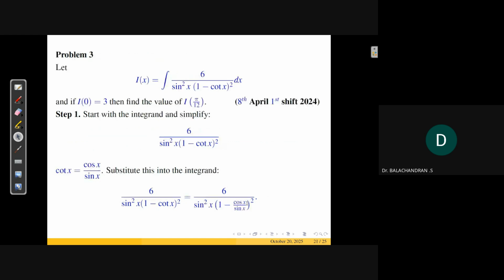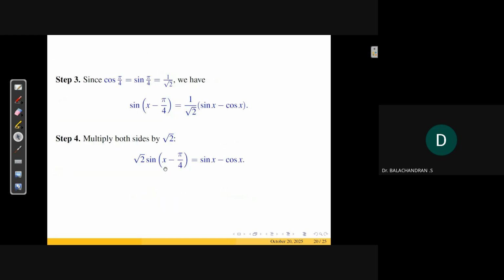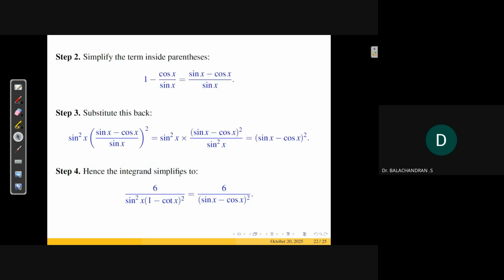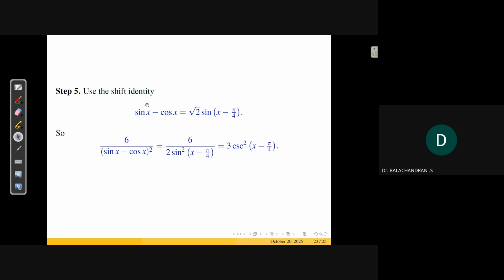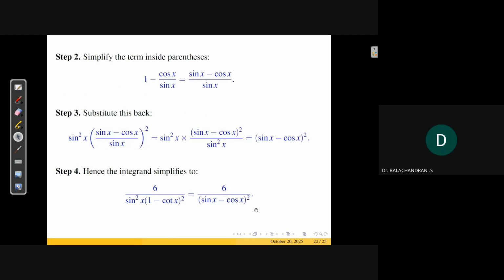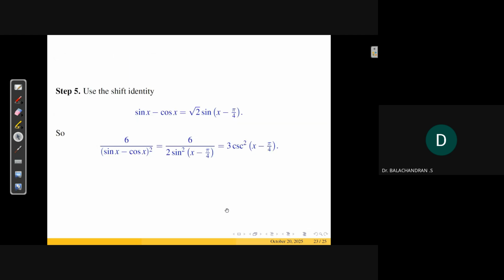But we know that sin x minus cos x is root 2 into sine of x minus pi by 4. Now I am going to use this result. So 6 by sin x minus cos x whole square is equal to 6 by, if you square this, 2 into sine square of x minus pi by 4.